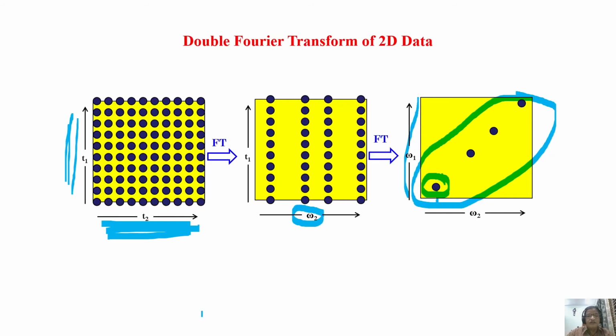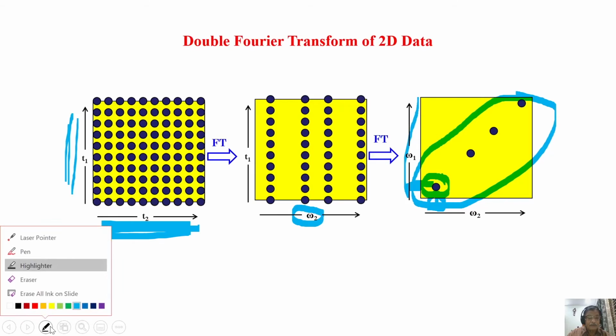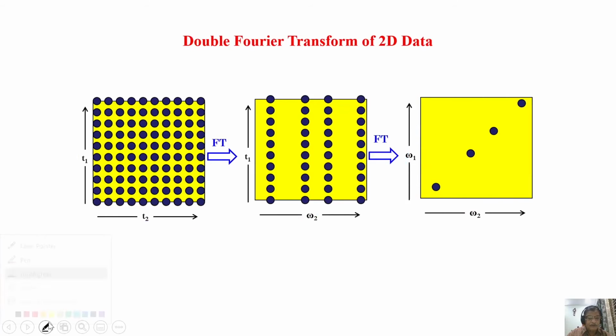So now you read the spectrum. If I come here, just look at this: in the omega 2 dimension, I have a frequency here. And the same peak, you go in this direction, in the omega 1 dimension, this is a frequency. So that means this peak has a particular frequency here in the omega 1 dimension and it has a peak frequency here in the omega 2 dimension.